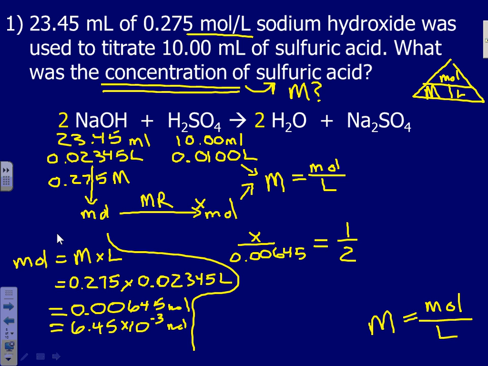Again, X over the moles, which we got from down below, is equal to 1 over 2. And then I bring that up to the other side, the opposite operation.